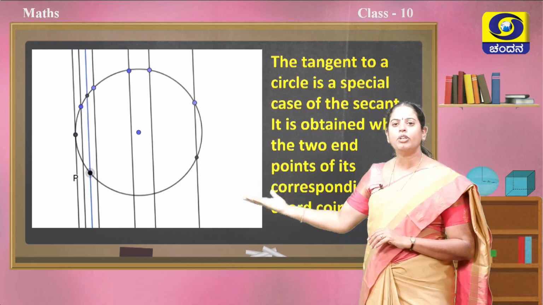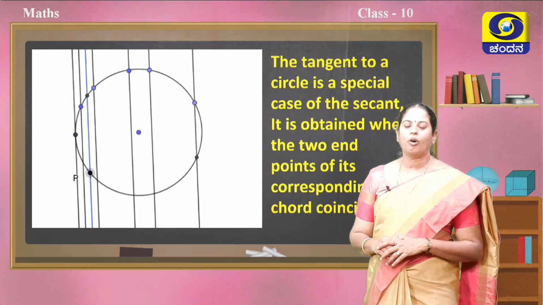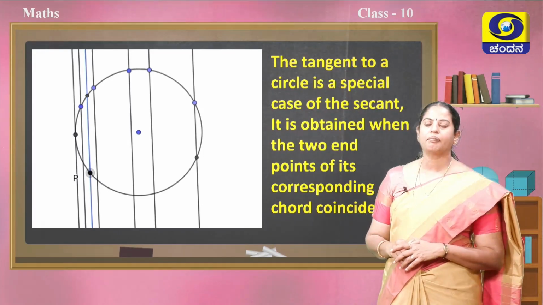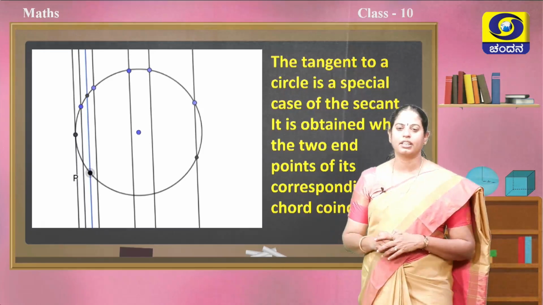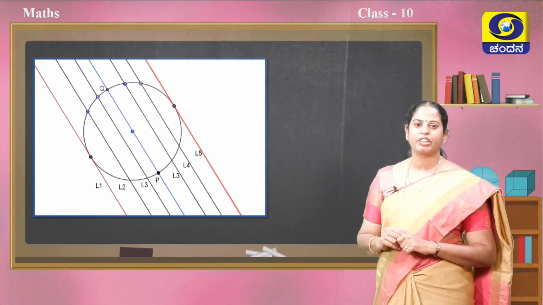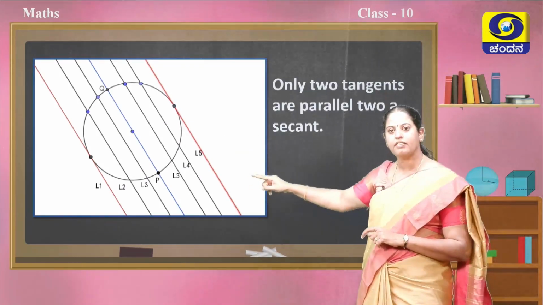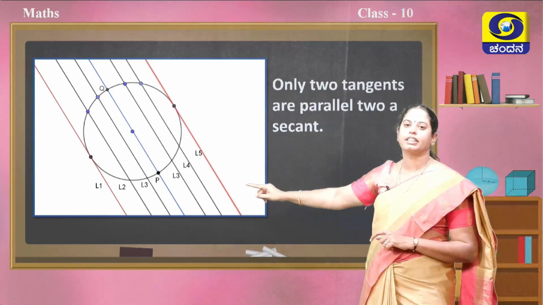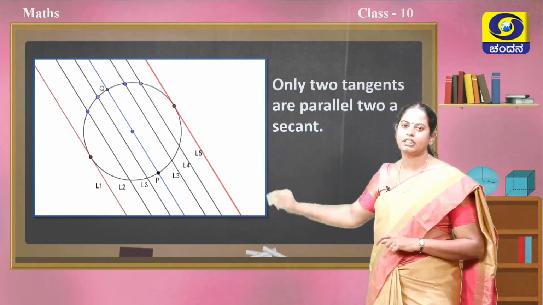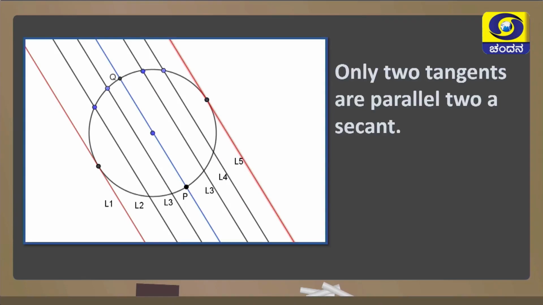And one more thing that we have observed in this video is that only two tangents are parallel to a secant. For a secant, we have only two parallel tangents. Yes, for the blue secant, we have these two red tangents parallel on either side. Only two tangents are parallel to a secant.